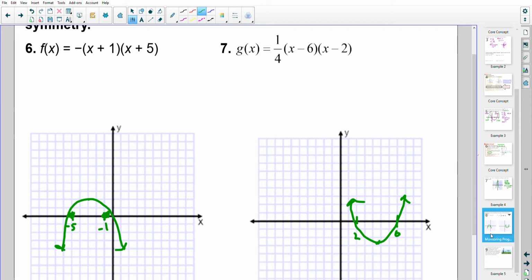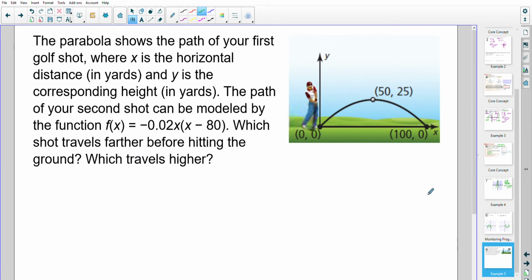Let's jump to a word problem, and the word problem talks about the game, a wonderful game of golf. And so you have two shots. The first shot looks like this, and the second shot is a function like this. The question is, which shot travels farther before hitting the ground? On the first shot, it traveled 100. In this case, it's going to have 0 as its x-intercept and 80 as its x-intercept.